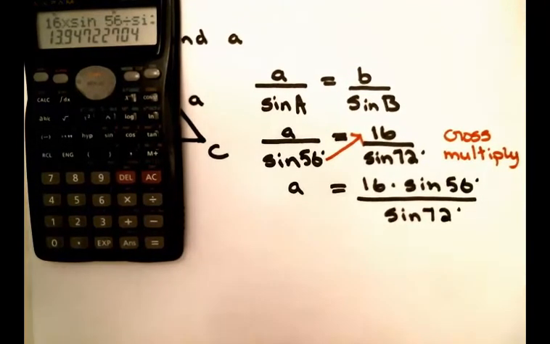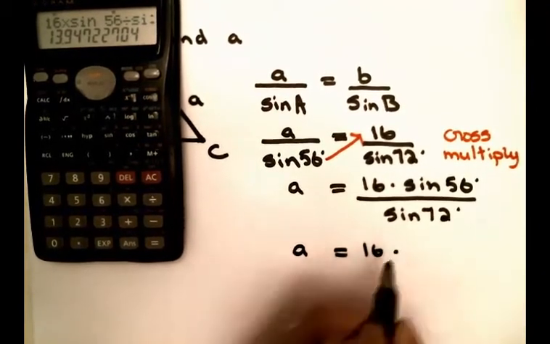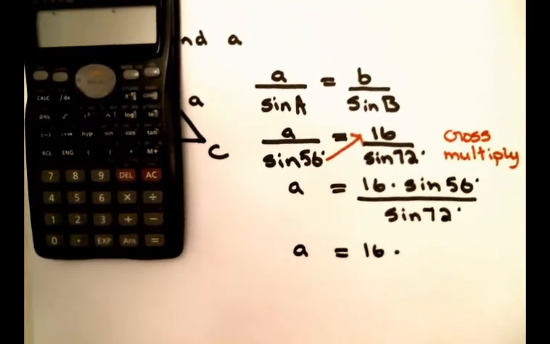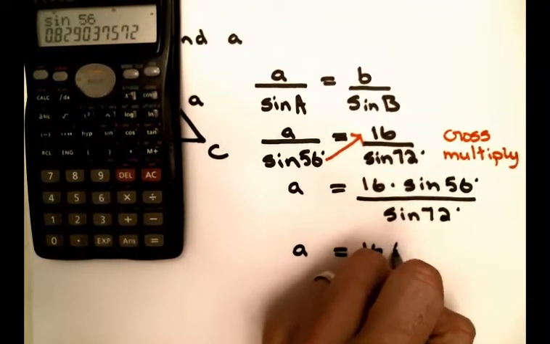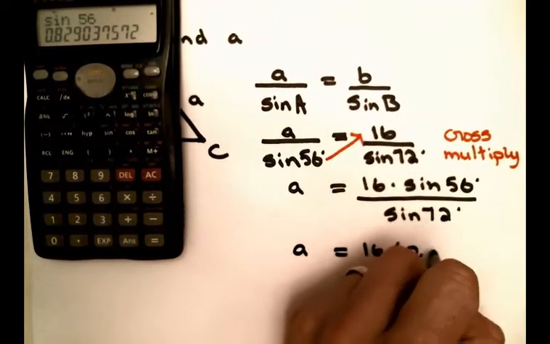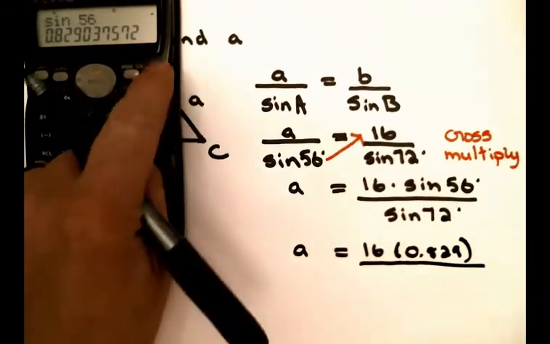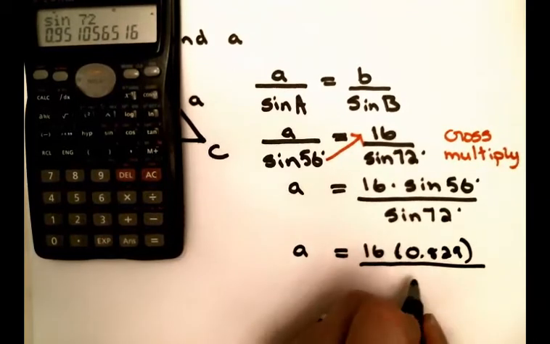For those of you who like to write it out in parts, you can do it that way too. So 16 times, well, what's sine 56? So again, I'm just doing it in parts instead. Let's take a few decimals there, 0.829. So times, I'm just going to put a bracket, 0.829. And then I work out what sine 72 is, 0.951.